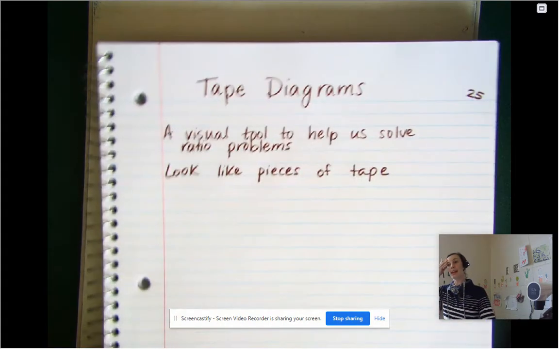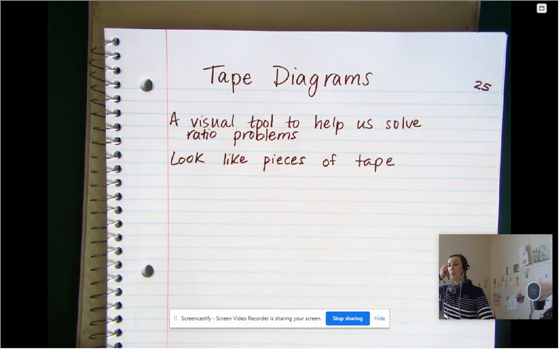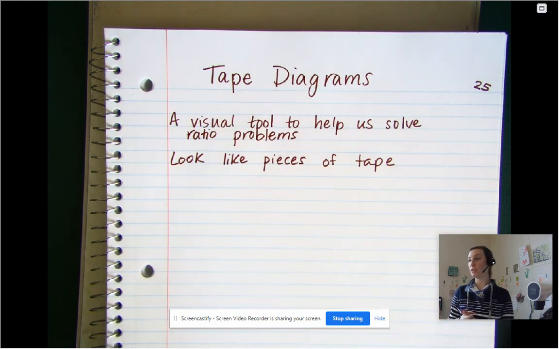So let's say that in my neighborhood compared to my sister's neighborhood, the ratio of dogs is 3 to 5.